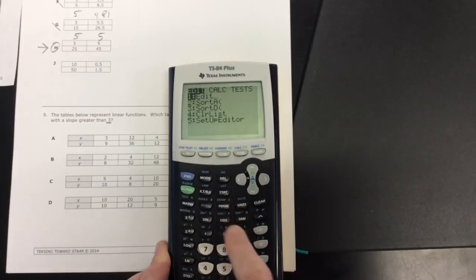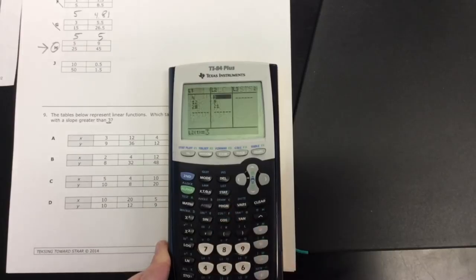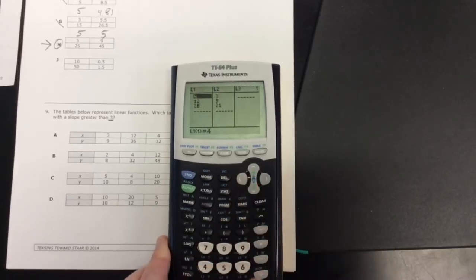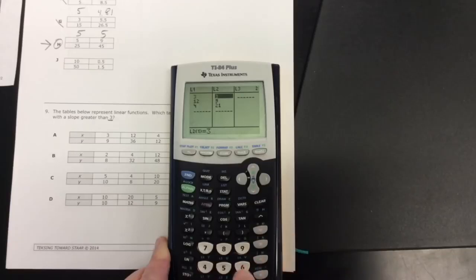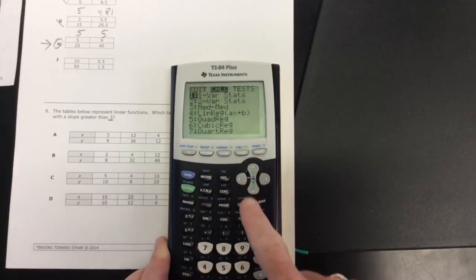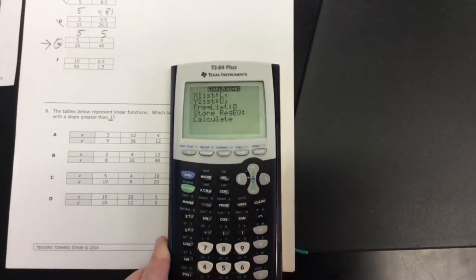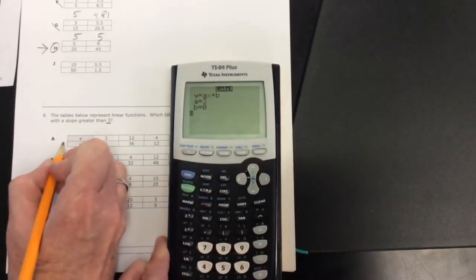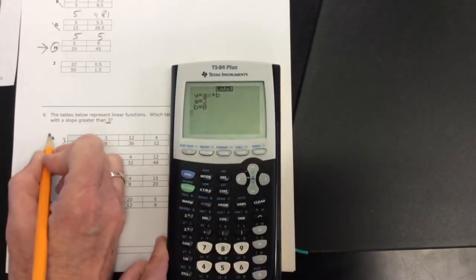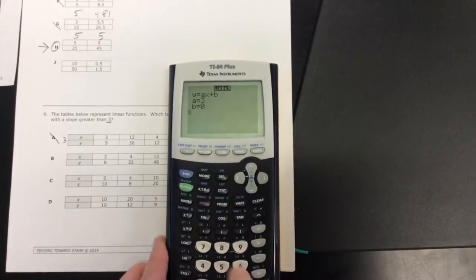Stat, edit, and let's put our numbers in. We got a 3, a 12, and a 4. Now we're going to go over here and we're going to do 9, 36, and 12. Stat, calculate, 4, and our slope is 3. So it needs to be greater than 3, so it can't be A.